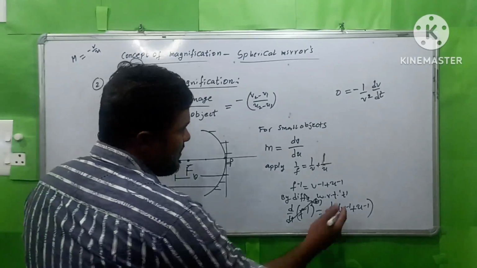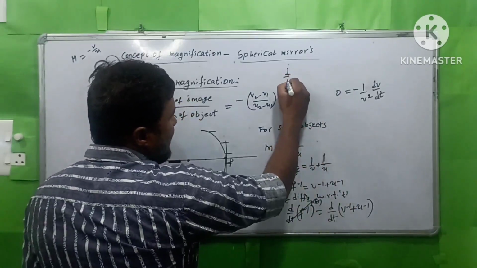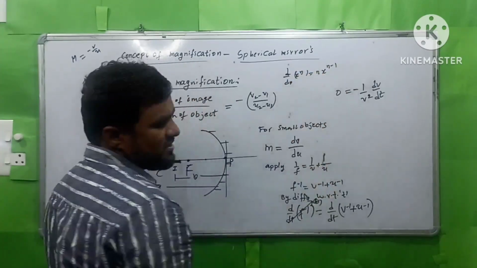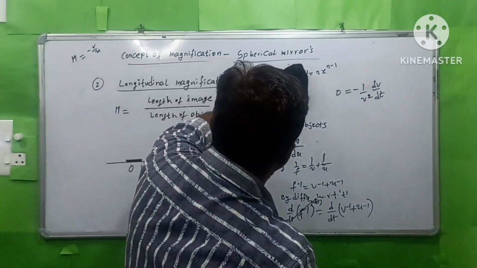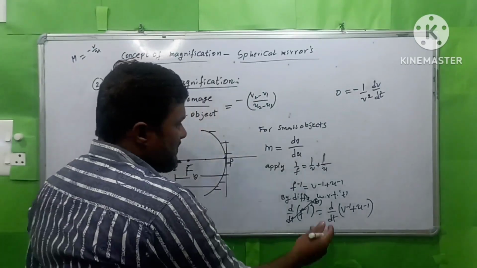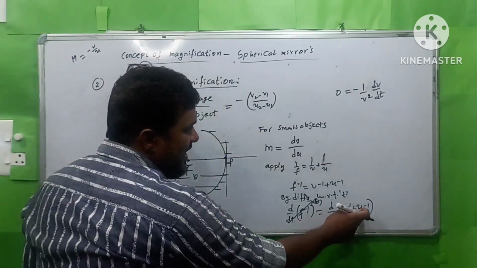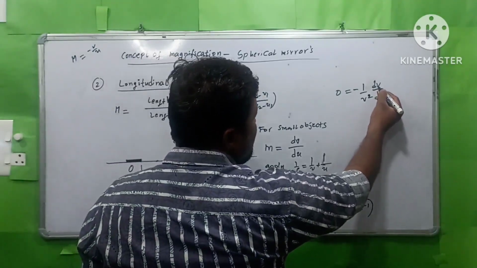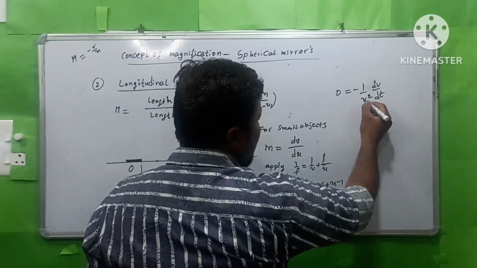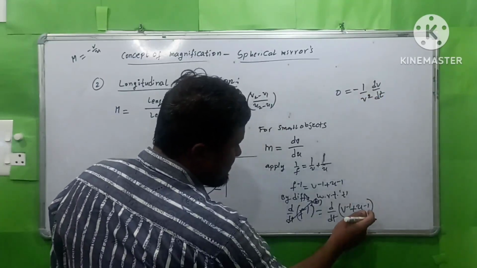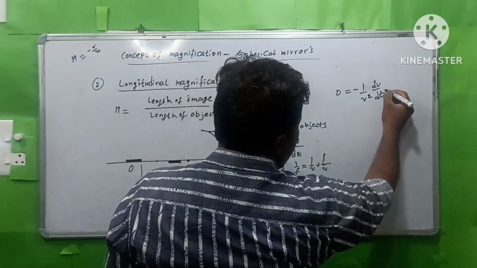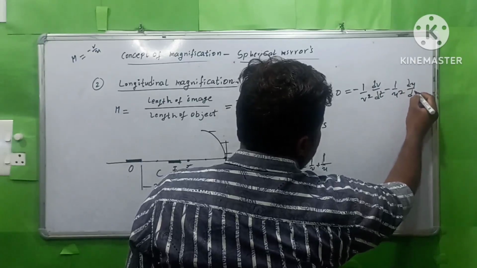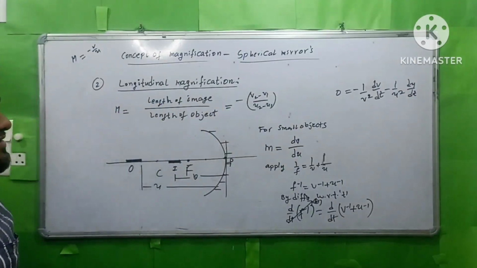Why? Because we know the standard formula d by dx of x power n is n into x power n minus 1. But with respect to time, v and u are variables, so you have to do the internal derivative. So we will get dv by dt along with this term. Similarly for u inverse, minus 1 by u square du by dt will come.